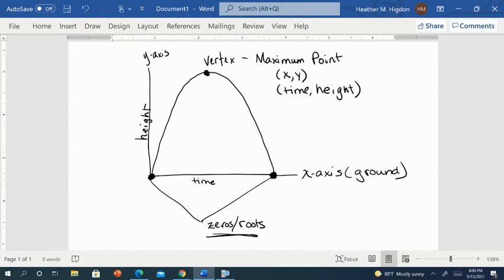The other piece that you need to be familiar with is the topmost point in the parabola, which is the vertex. That's what we call the maximum point. It is an ordered pair, x, y. And again, in projectile motion, remember that the x is the time and the y is the height. So those are just some basics that you need to be familiar with as we go through these word problems.